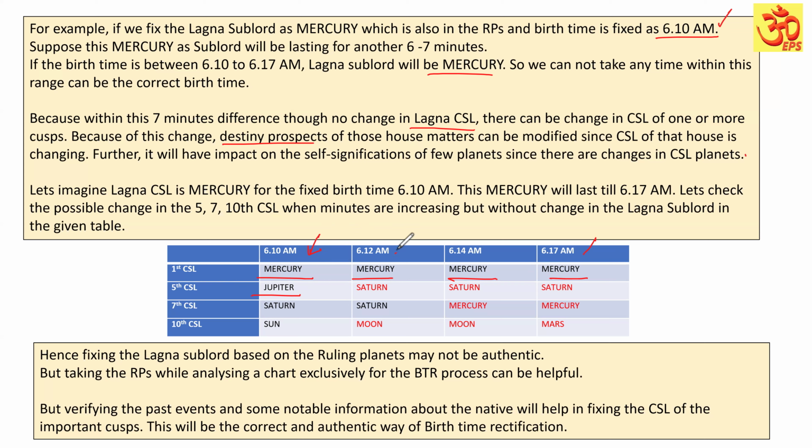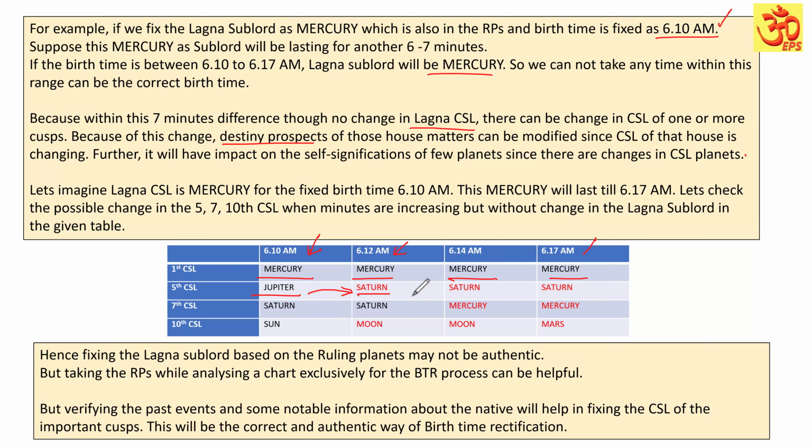But at 6:12 a.m., suppose Jupiter is at the border, by a 2 minutes increase, that sublord will change to Saturn. For the 6:12 a.m. person, that fifth sublord is Saturn. At 6:10 a.m., the fifth sublord is going to be Jupiter. But in both cases, the Lagna sublord is going to be Mercury.